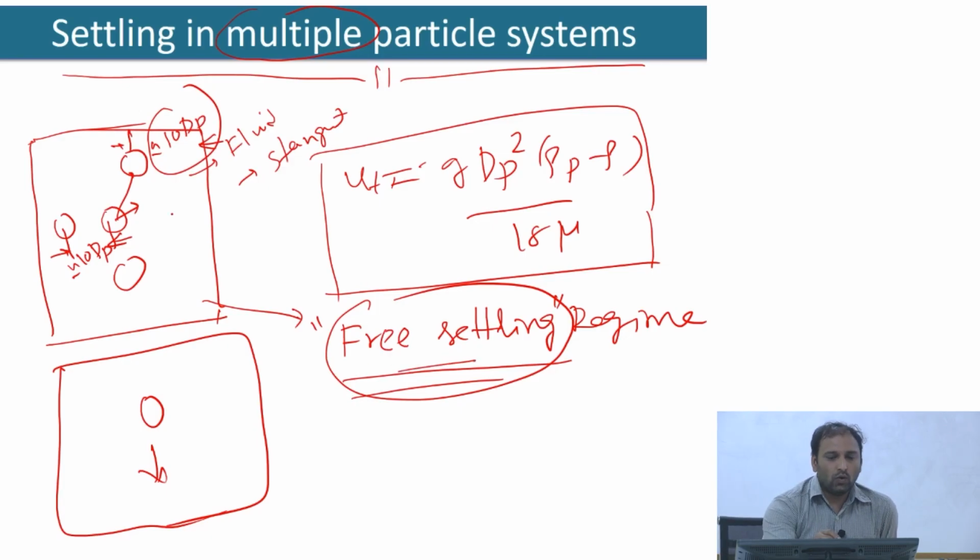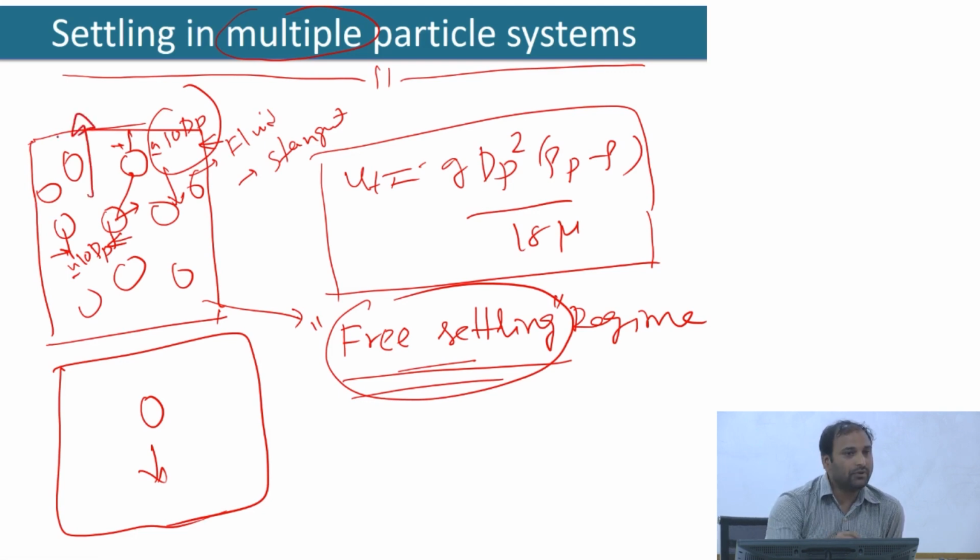Now, when you go on adding more and more particles into your system, as the particles come down, they are going to displace some fluid. So I don't have the case of a quiescent or static fluid anymore. The liquid is going to go up, because as the particles come down, they displace fluid, and that fluid goes up.